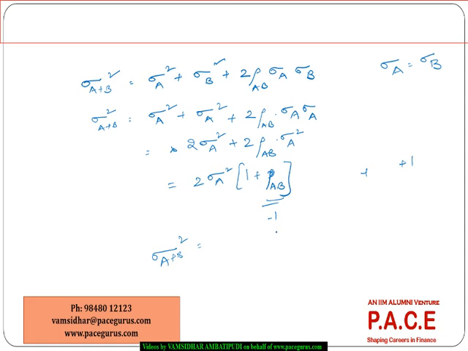If the correlation between A and B is +1, then the variance of the portfolio is 4 sigma A squared, and the standard deviation is the square root of that, which is double sigma A. So we are seeing that the variance will lie between 0 and 4 times the variance of each individual security, and the standard deviation lies between 0 and twice the standard deviation of the individual security.